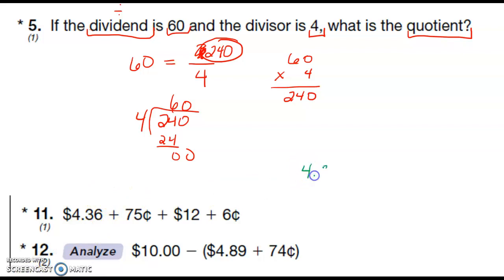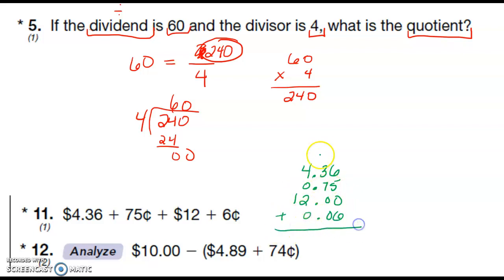And on 11, we need to line up our decimal places. So when we add decimals or subtract decimals, we've got to line up the decimals. So I have $4.36, 75 cents, $12, and then 6 cents.